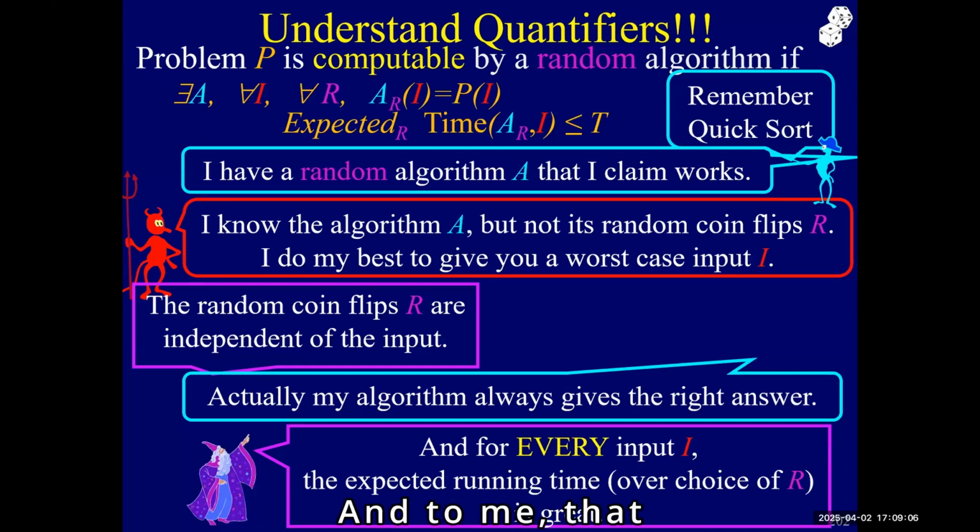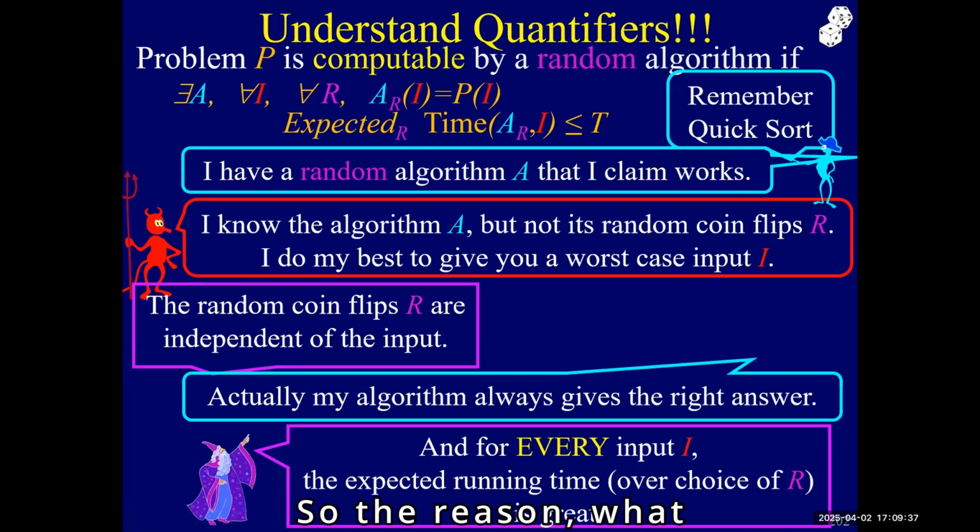To me, that seems unfair. But on the other hand, if I got to look at your input and then design my algorithm, that would be unfair too. So how do we compromise between these two? I will tell you my algorithm, but not my coin flips.